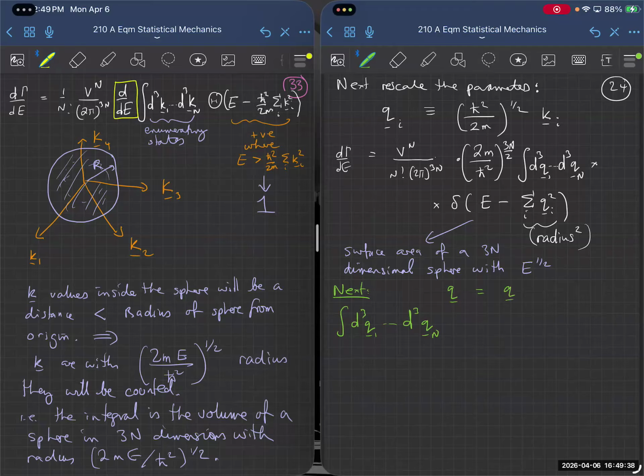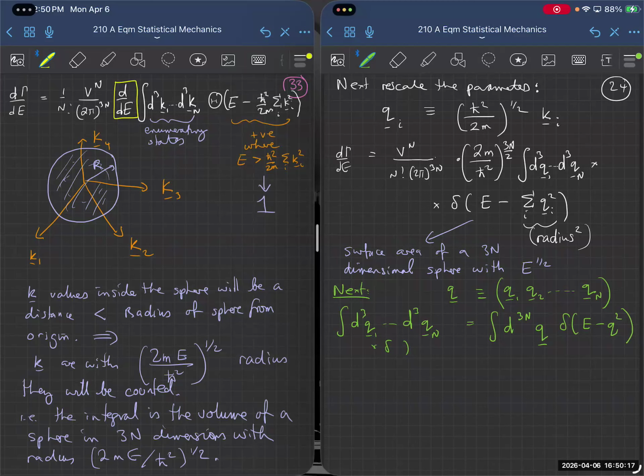It's got the vector q1, the vector q2, all the way up to the vector qn, and each of those q vectors has 3 components: x, y, and z. So this I can write as the integral of d3n of some new vector, which I'll call q, like so. And then I have to compute the delta function. So delta of E minus q squared.